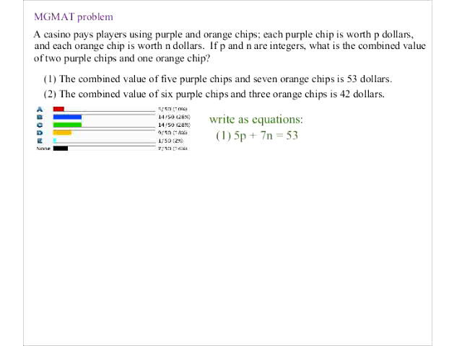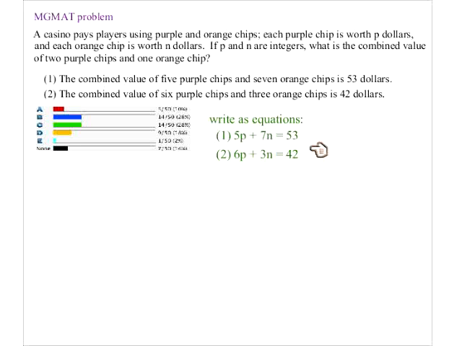Second equation winds up giving us that 6p and 3n is 42. Okay, now, everybody, smiley face if you understand how we got these equations. I'm making some assumptions here, but other face if you don't. If there's enough other faces, we'll talk about it. Okay, we're good on that.